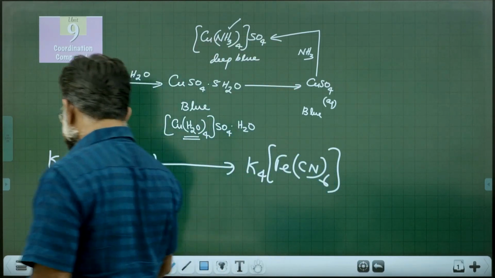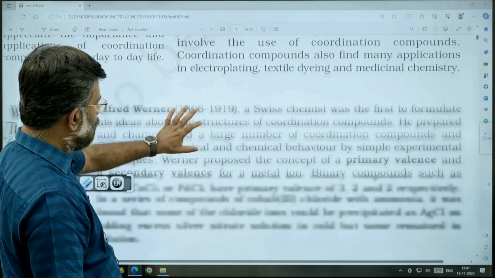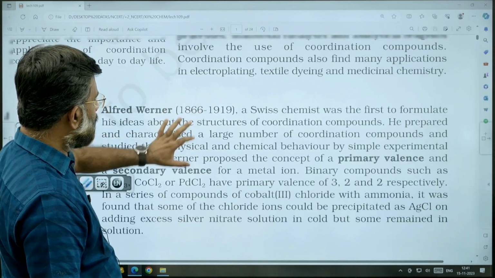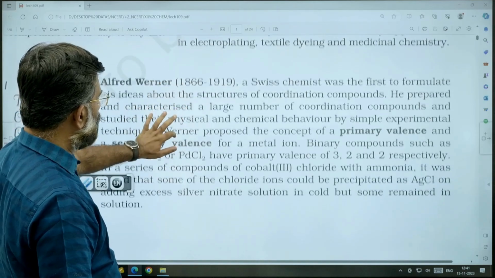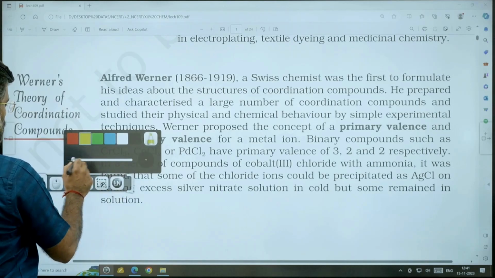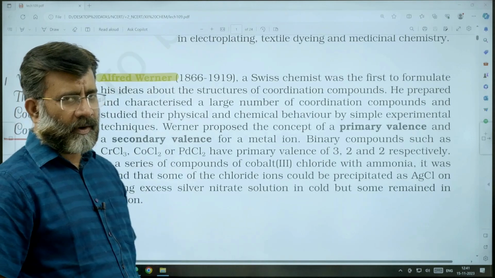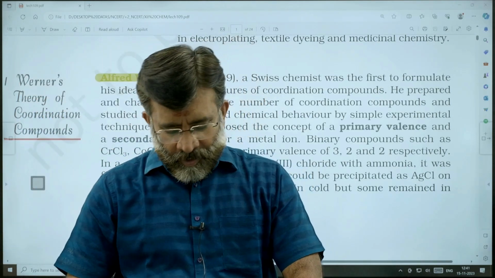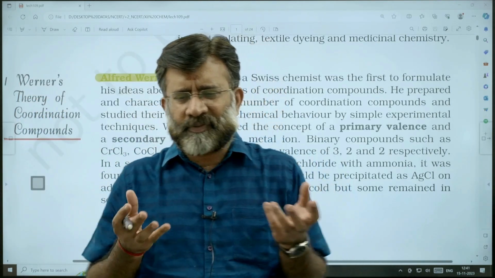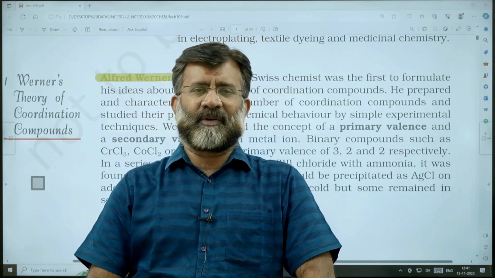In fact, a detailed study and theory regarding complex molecules was first done by Alfred Werner. He is called the father of coordination chemistry. Alfred Werner was able to do a lot of simple experiments explaining the molecular systems in complex molecules.